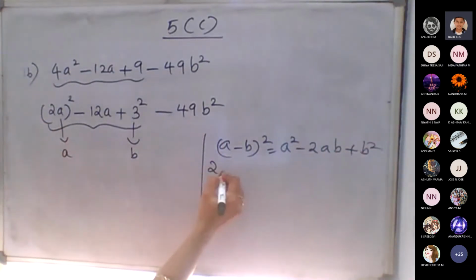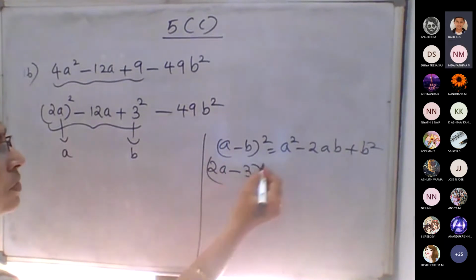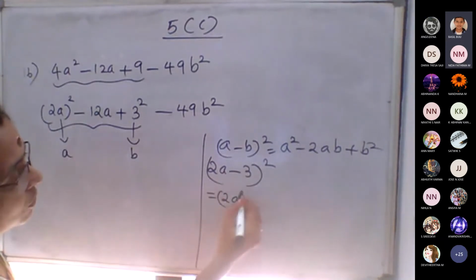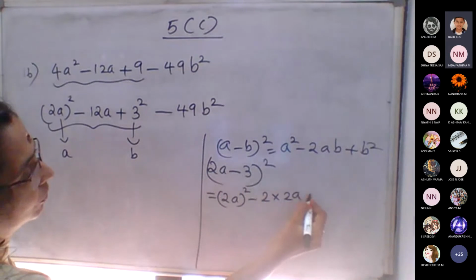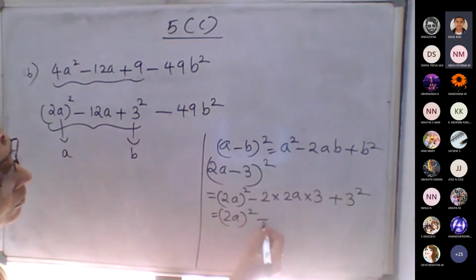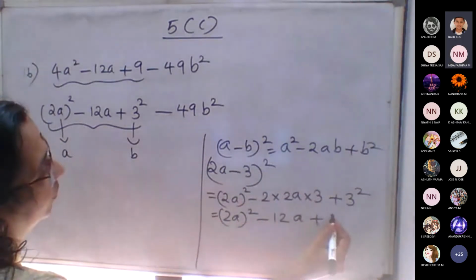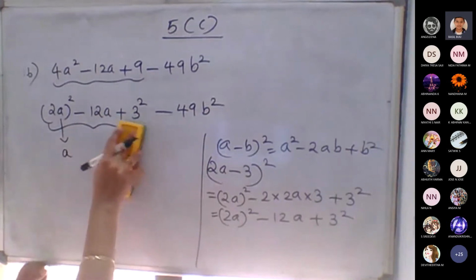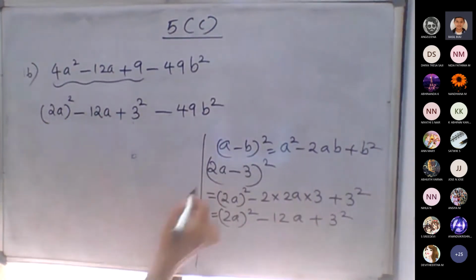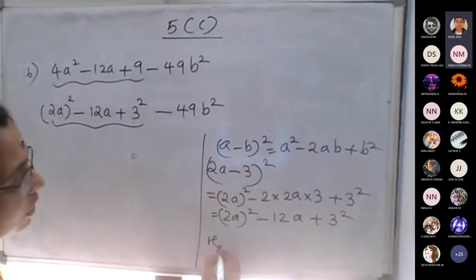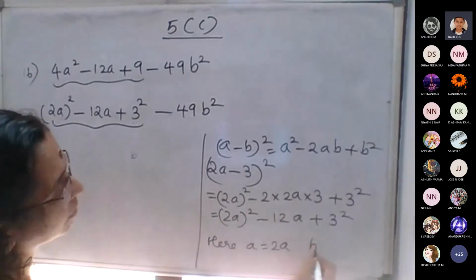See whether it is possible: 2a minus 3 the whole square equals (2a) square minus 2 into 2a into 3 plus 3 square, that is (2a) whole square minus 12a plus 3 square. Yes, ma'am, possible. So we can write these three terms in terms of a minus b whole square, where a is 2a and b is 3.